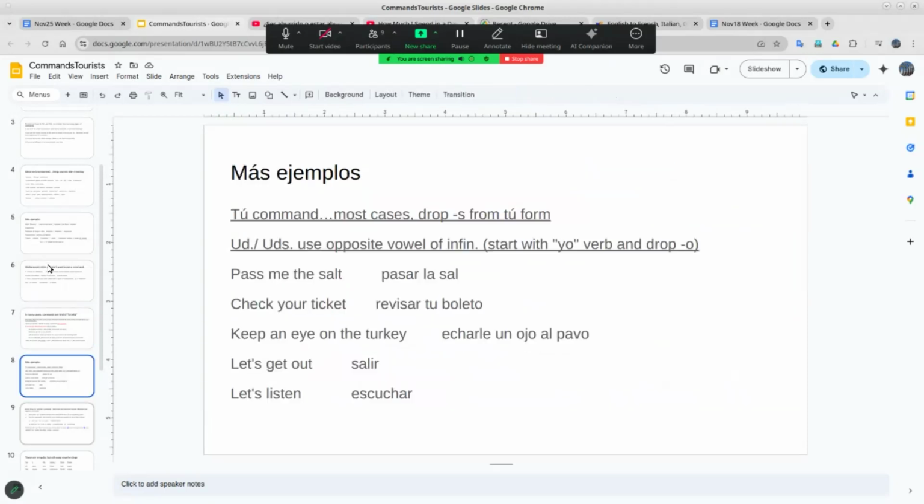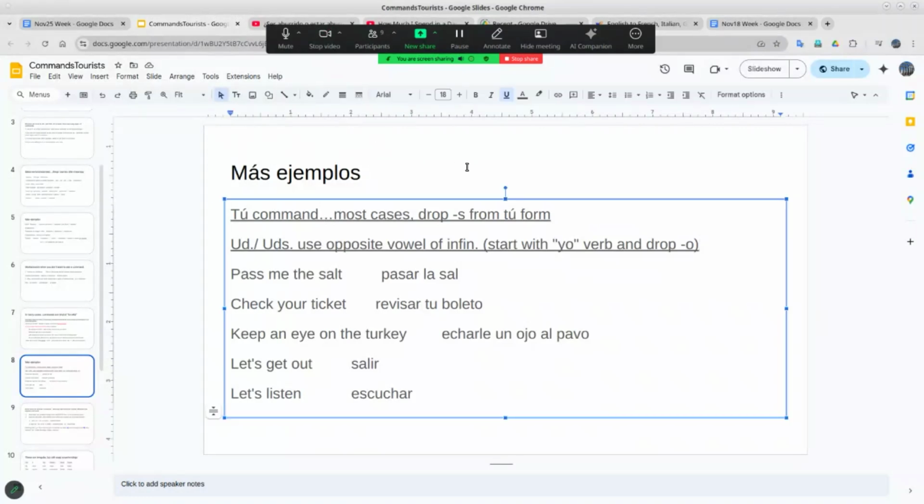Bien. So there are lots of things with commands, but here's the lowdown. A tú command that's affirmative, in most cases, notice it's not all of them, it's most. In most cases, you just drop the S from the tú form, and usted and ustedes are going to use the opposite vowel.